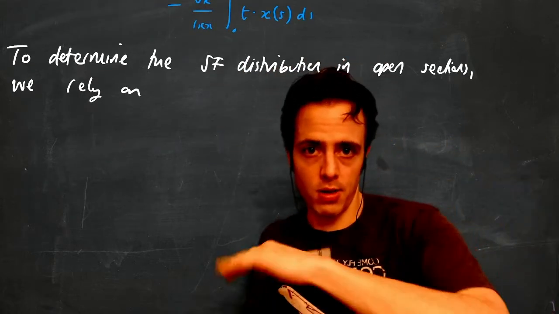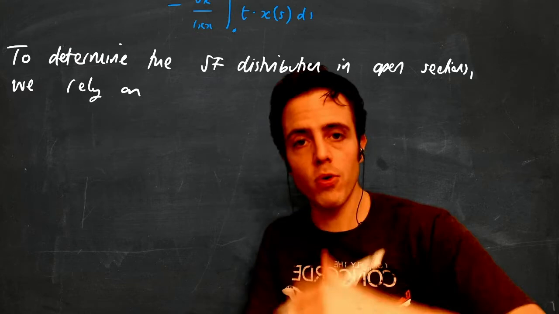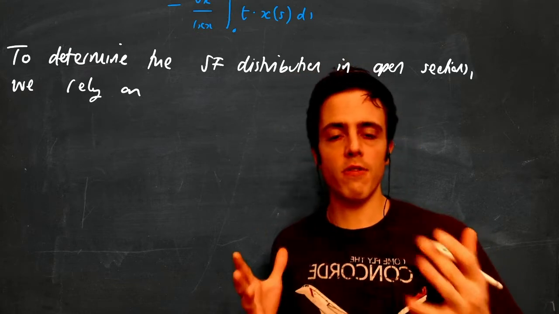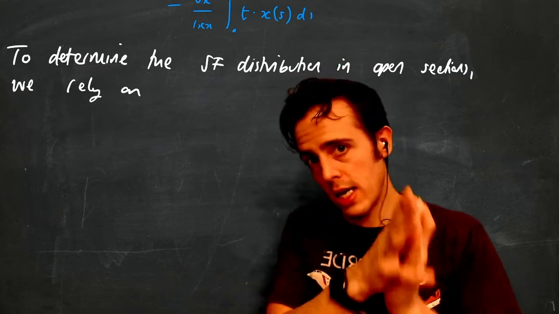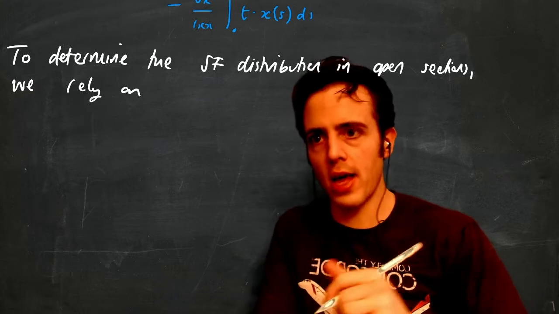The first of which is that the net shear force due to the shear flow has to be equal to the net force V that's acting on the section.